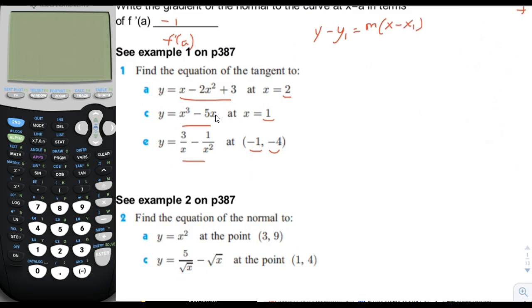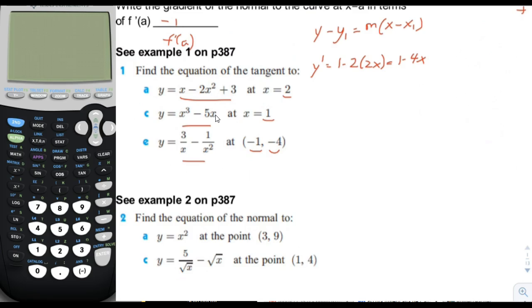The slope here, we're going to find y dashed. It's going to give us 1 minus 2 times 2x, and the derivative of 3 is 0. So that is 1 minus 4x.